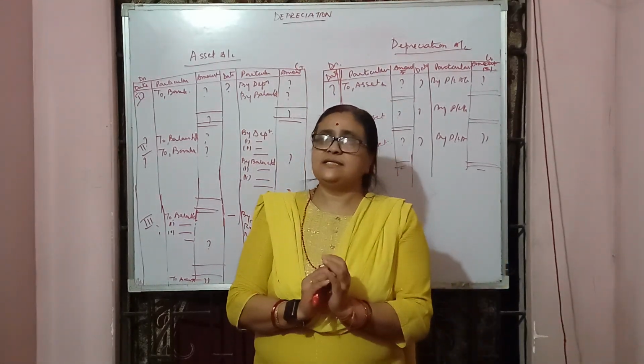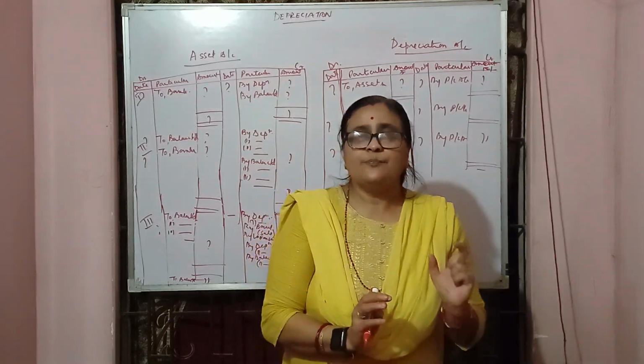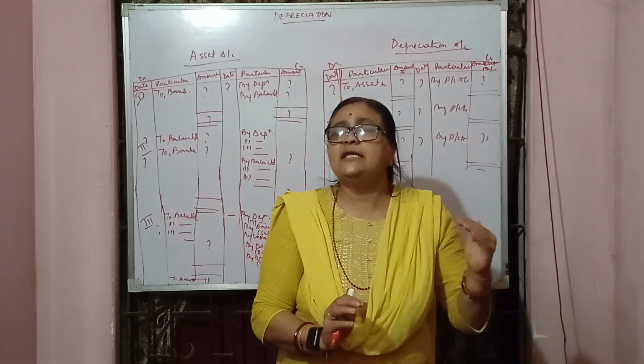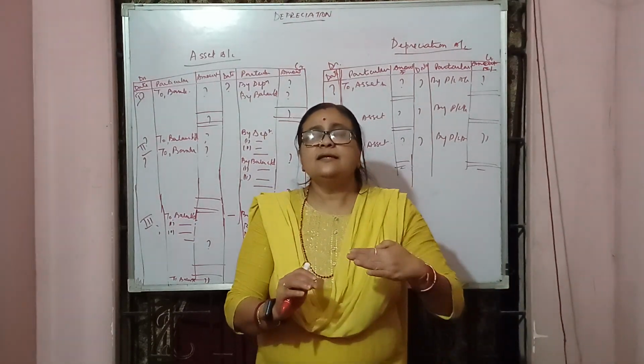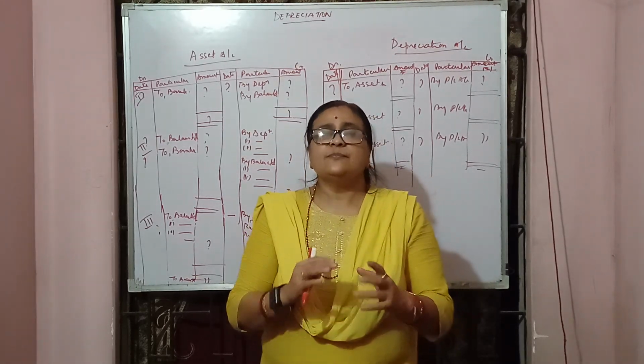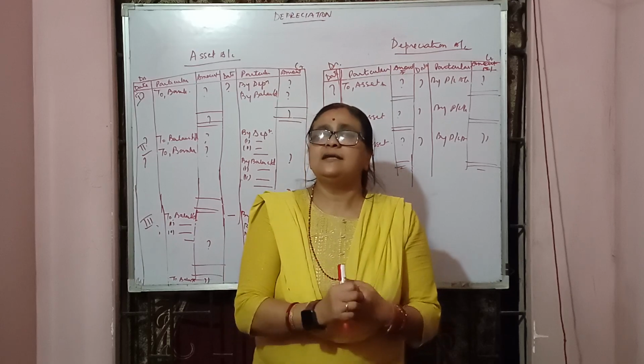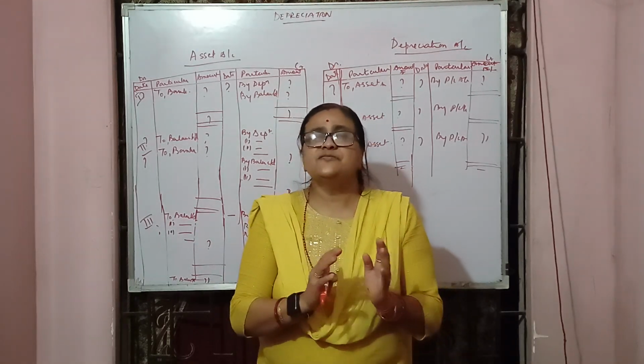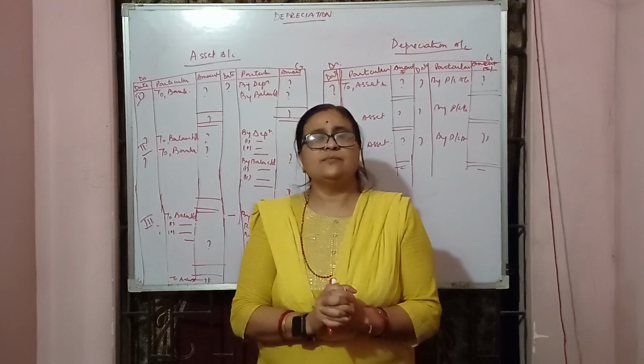Whenever we sell the asset, we have to calculate depreciation from the beginning of the year till the date in which we held it in our hands. So that means depreciation is happening on the wear and tear of an asset. So time factor is very important, in which many students make errors.